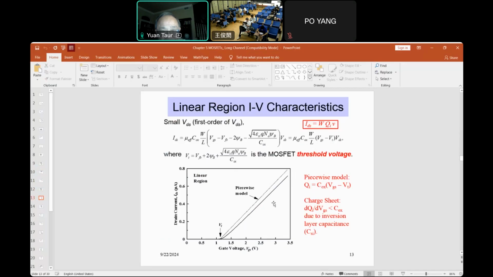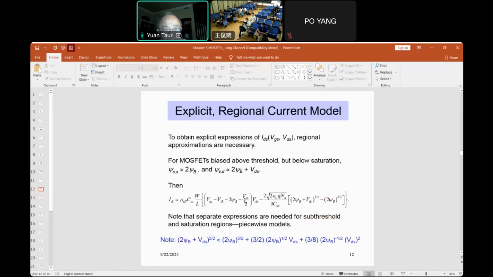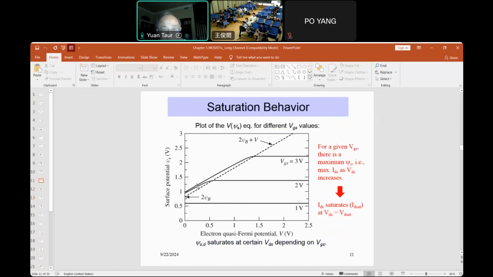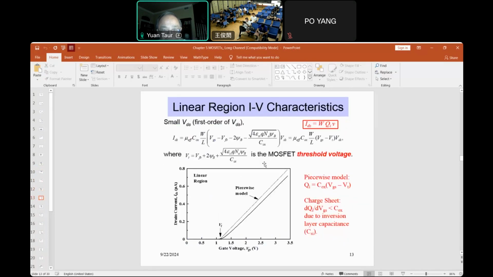Another thing is that compared with the charge sheet model, which is the solid line, without the piecewise approximation. Again, the piecewise approximation is this approximation or this approximation. If you don't make that approximation, then you actually get this one.